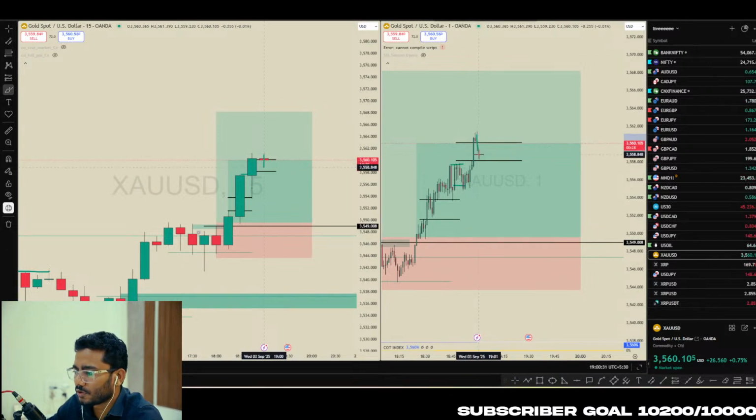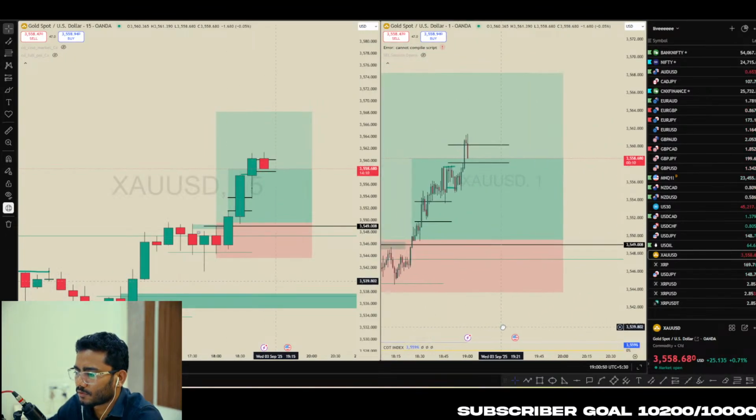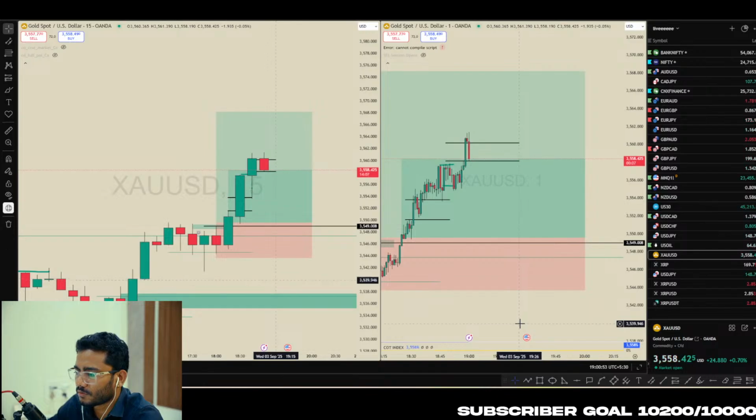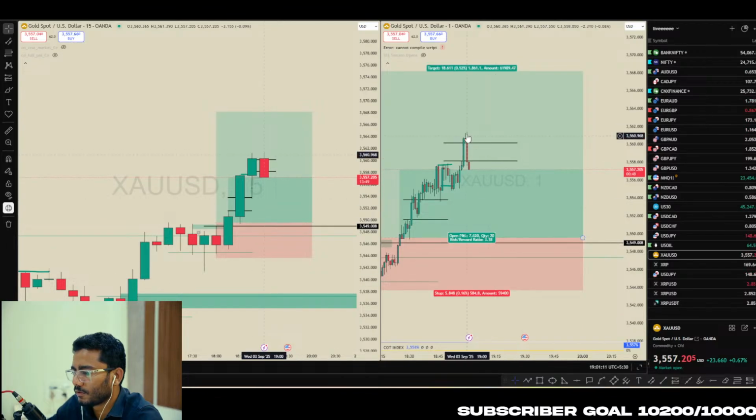We want price to come to the downside, then it should break this high. I think it will sweep all this liquidity now. Let's wait.